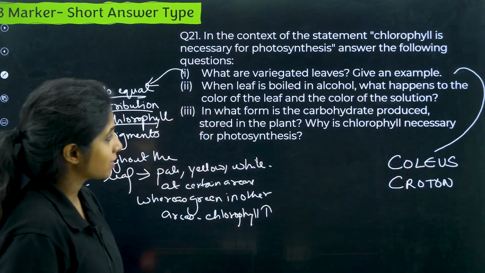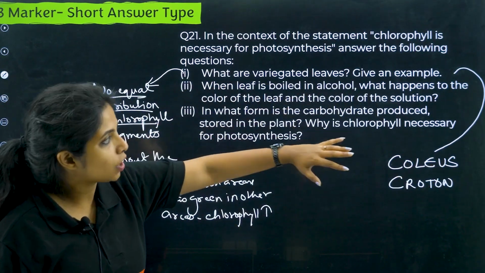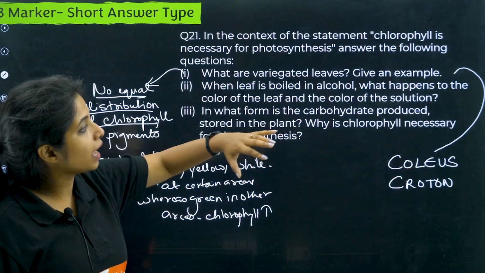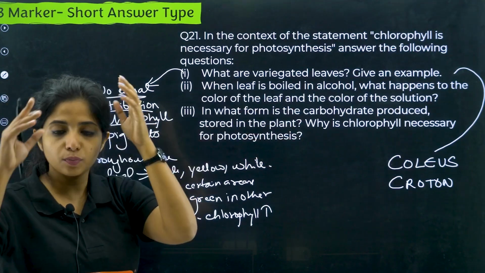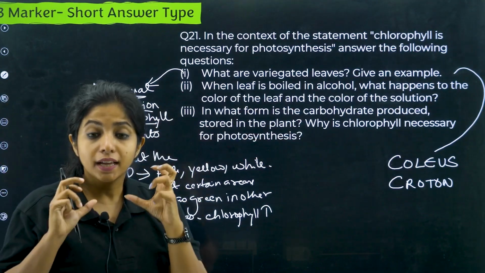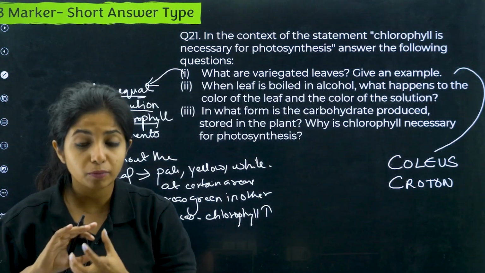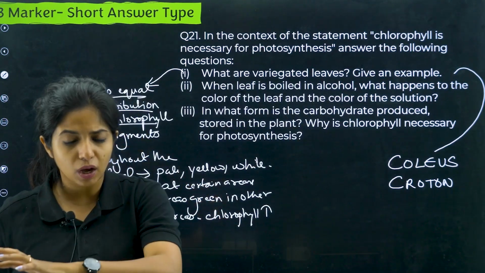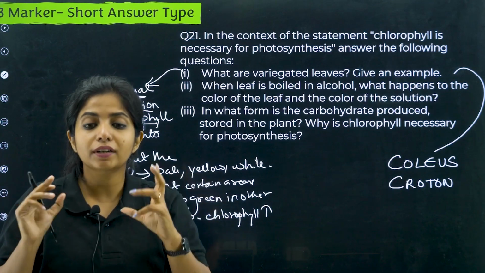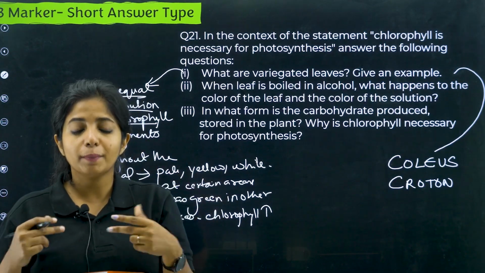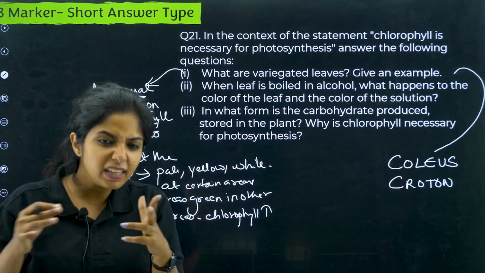Works? Now next, when a leaf is boiled in alcohol, what happens to the color of the leaf and the color of the solution? When a leaf is boiled in alcohol, the chlorophyll pigments start to move out. The chlorophyll pigments get damaged and move out, which is why the leaf turns pale, white, or a bit yellowish in color.